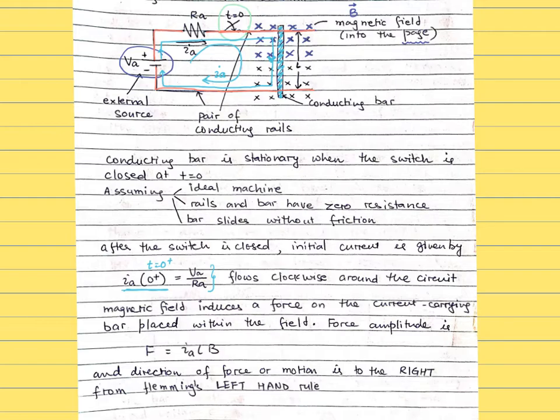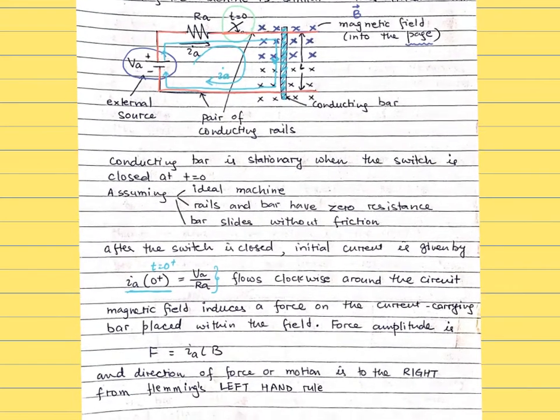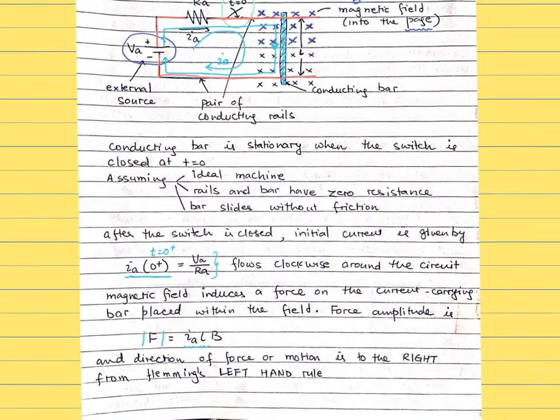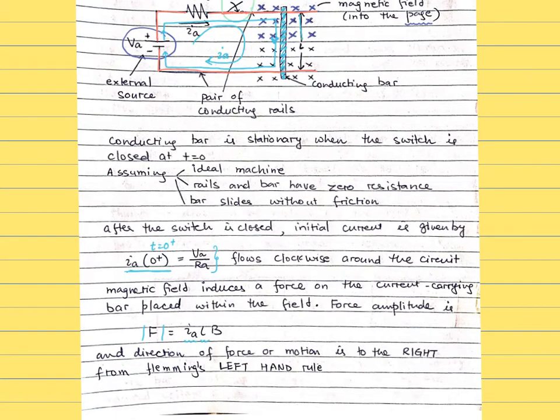And that force amplitude is given by I, the current flowing through the bar, IA, multiplied by the length of the bar inside the magnetic field, multiplied by the magnetic field strength B.